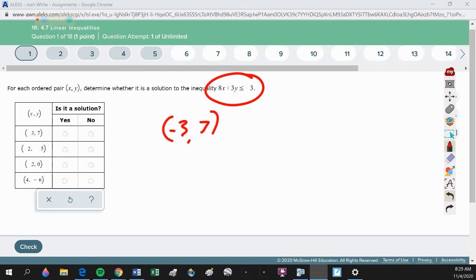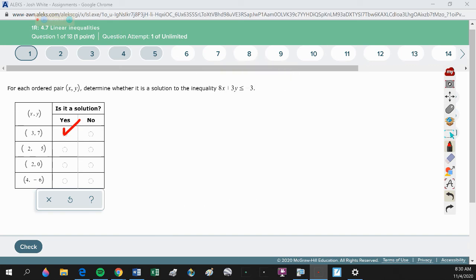What do you think that means? So let's plug those in. 8 times negative 3 is negative 24. 3 times 7 is 21. Is negative 24 plus 21 less than or equal to negative 3? It's equal to, so yes.